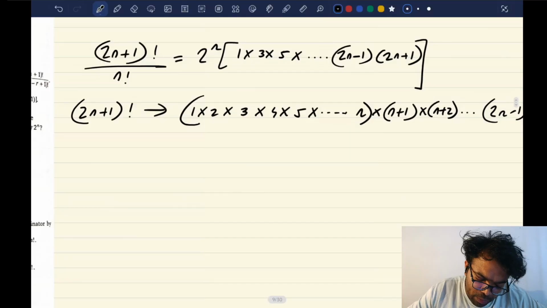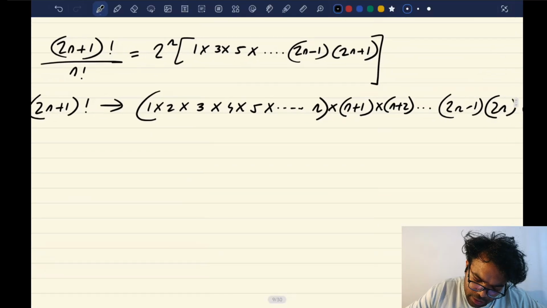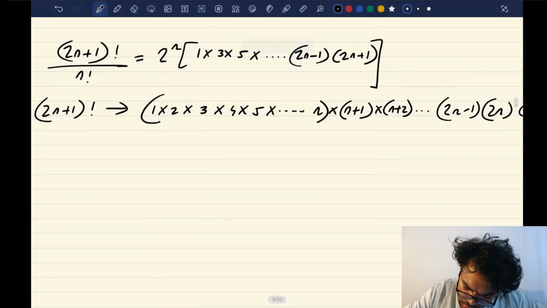Okay, this is 2n plus 1 factorial. You're correct? Yeah.